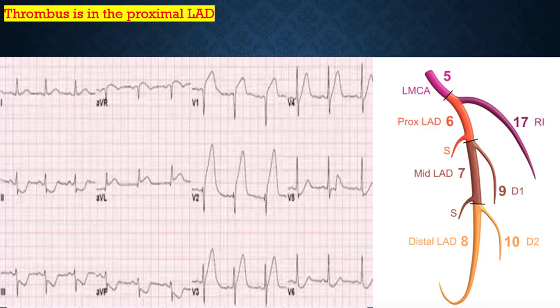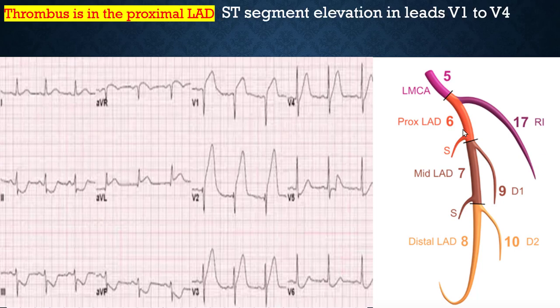Thrombus in the proximal LAD. This is the proximal left anterior descending artery, and when in this area there is thrombus, it causes ST segment elevation in leads V1 to V4.